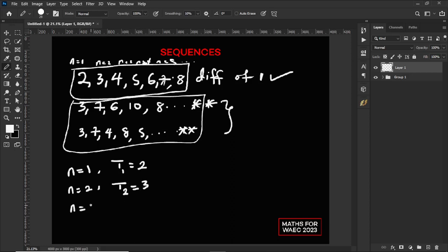When n is equal to 3, T of 3 is equal to 4. When n is equal to 4, T of 4 is equal to 5. Okay, guys, when you observe this, what do you observe? What can you say about the relationship between n and T of n?